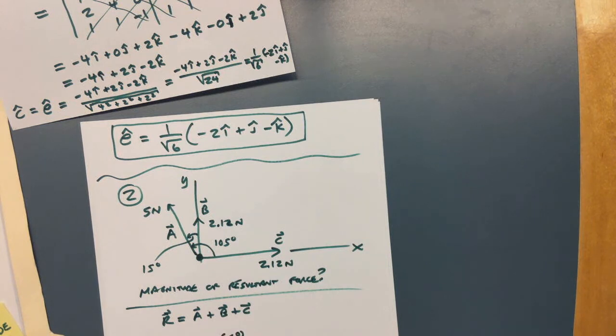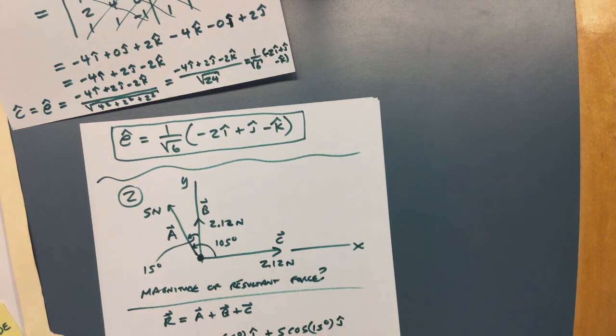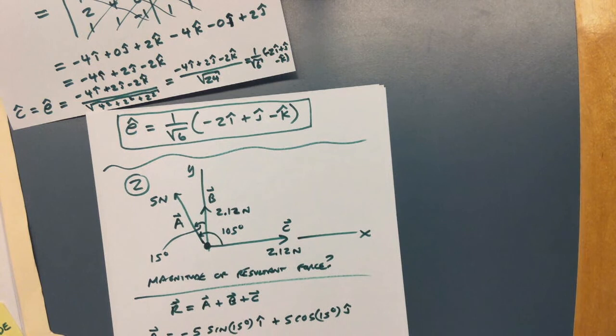And that would be in the x direction, or i hat, plus 5 cosine 15 degrees in the vertical direction of j hat. So that comes out to be something. I'll just leave it like that for now.